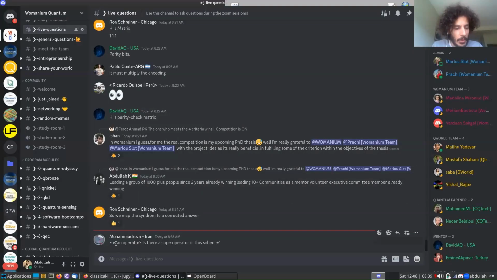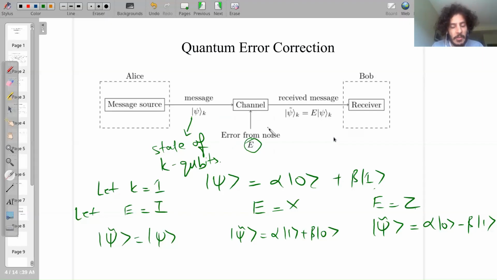So the question is whether there is a super operator in the scheme. That's an excellent question. If you're already familiar with quantum mechanics, in general E will be a super operator here. But if you don't know a lot of quantum, that's totally fine. Just thinking about these cases will be sufficient. In fact, what we'll argue is that just thinking about X and Z errors is sufficient for a lot of error correction in qubits.